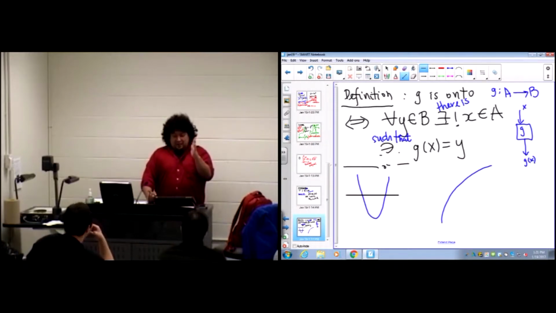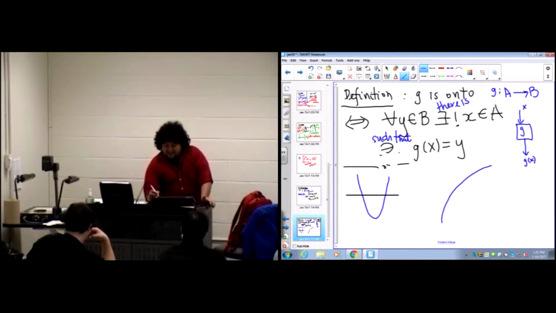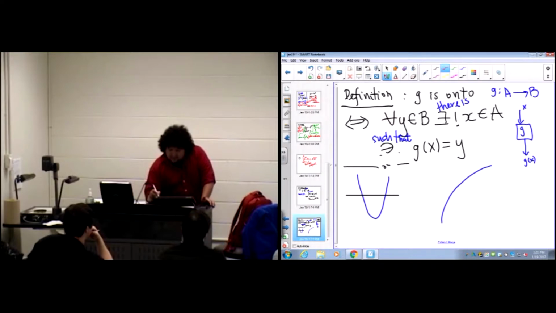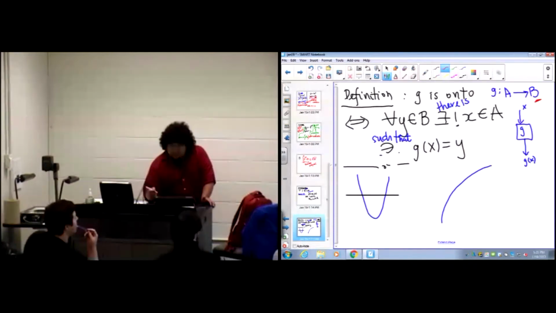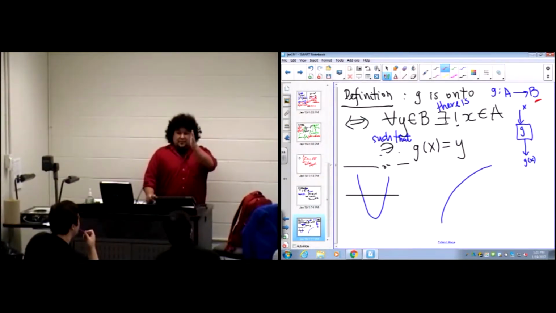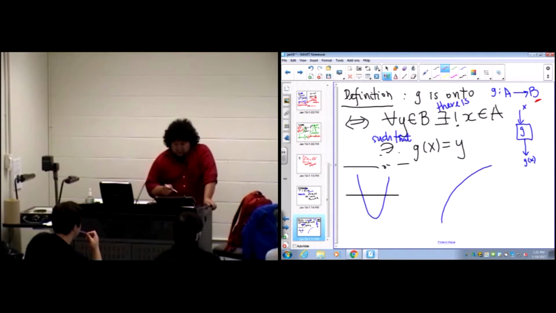The vertical values, right? The codomain here is on the vertical axis, right? So B here would be part of the vertical axis.